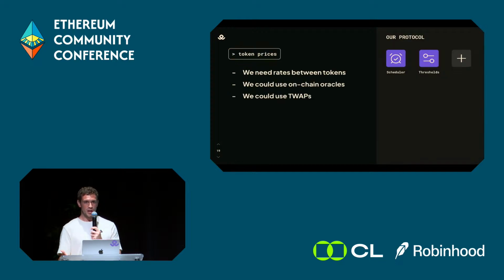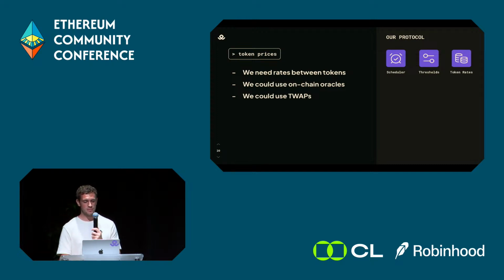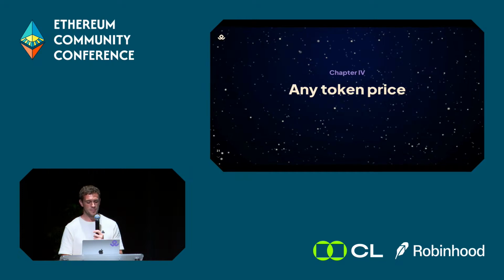So we will need to add rates between tokens in order to do this. If we still want to do the on-chain thing, we can rely on on-chain oracles, like Chainlink or any other one. We could use TWAPs from many DEXes, many of which support them. Again, it doesn't look very complicated. We can add some token rates to our protocol kind of easily.